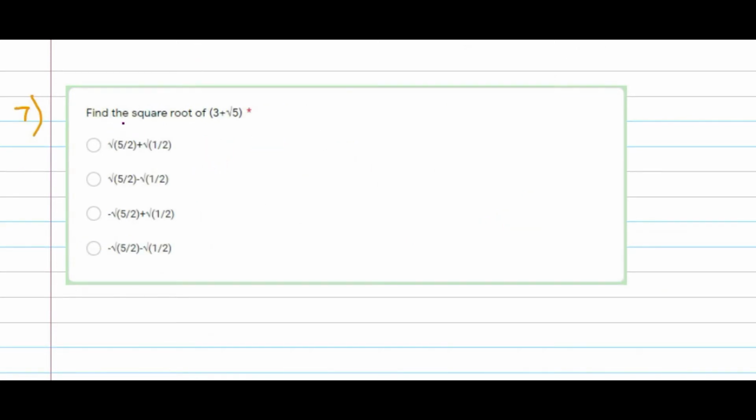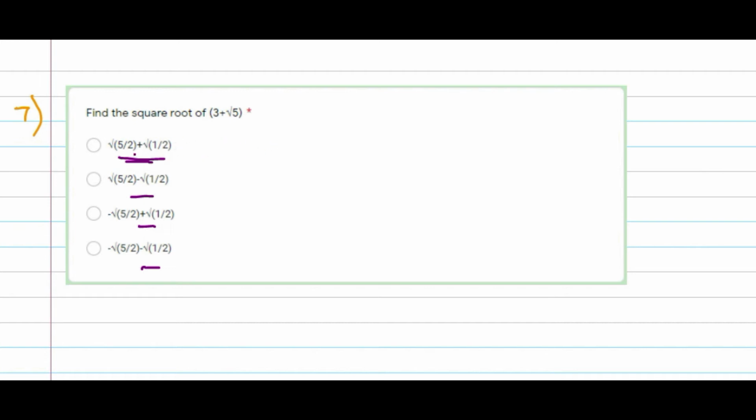This is the 7th problem. Find the square root of 3 plus root 5. This can be expressed in so many ways, but in this type of problems, we need to go ahead with the solutions. You can take the solutions and simply, this is a square root, so you can have the square of the answer.